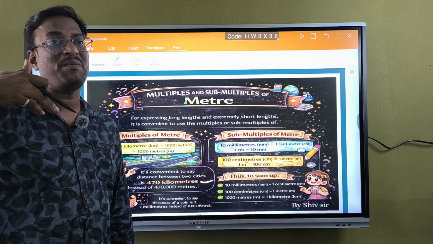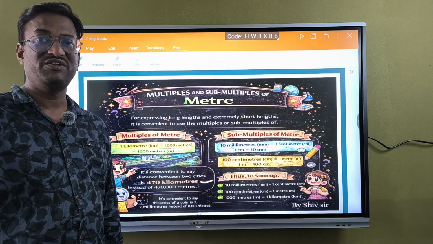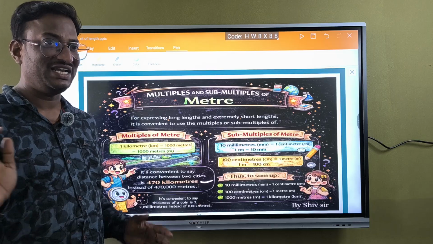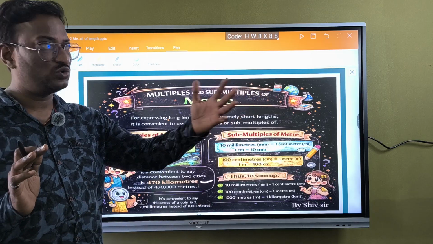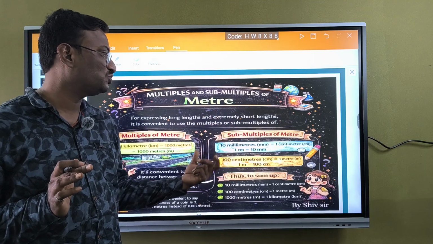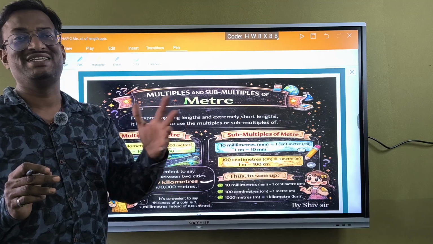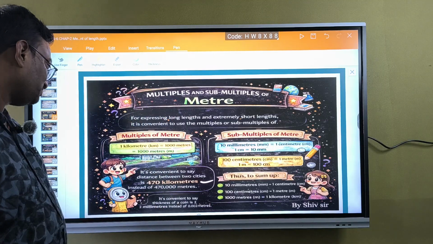It is difficult to remember, to say and to use. That is why for longer distances we use longer units, and for shorter distances we use smaller units, in order to spell and identify easily.